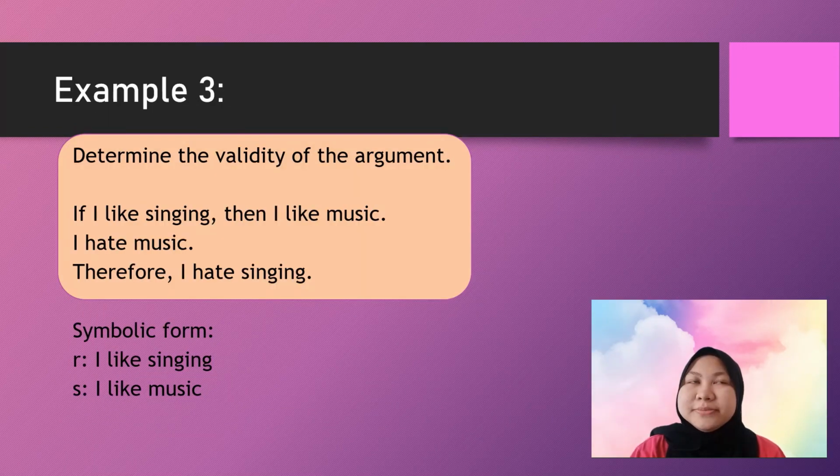Example 3: we have to determine the validity of the argument. We are given the argument: if I like singing, then I like music. The second sentence is: I hate music, therefore I hate singing. So step 1, we have to write the argument in symbolic form. We can assign R for I like singing and S for I like music.